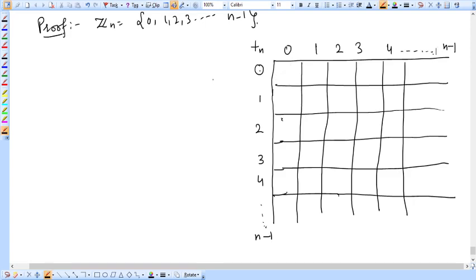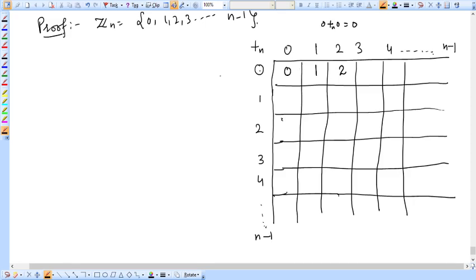Okay, so now you see 0 addition modulo 0 is equal to 0 again, right? So it is 0 here. 0 plus 1 would again be 1, and 0 plus 2 when divided by n is again equal to 2, because n is greater than 2.